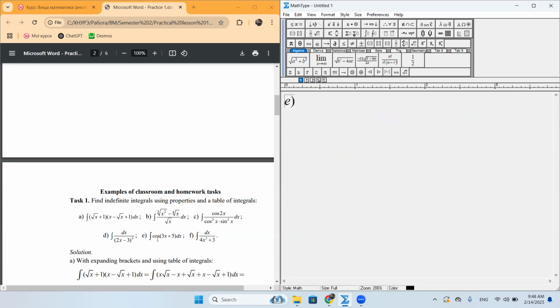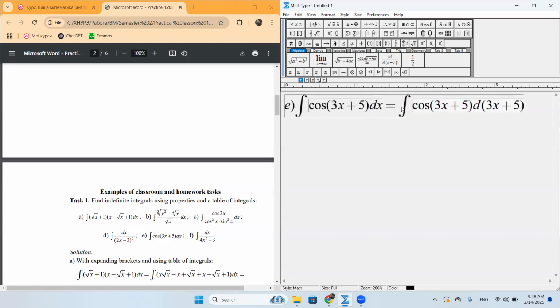Now let's solve one more exercise. Exercise E, solved analogically: the integral of cosine of 3x plus 5 dx. Again, we need to use the differential entry technique, moving under the differential the argument of the cosine.